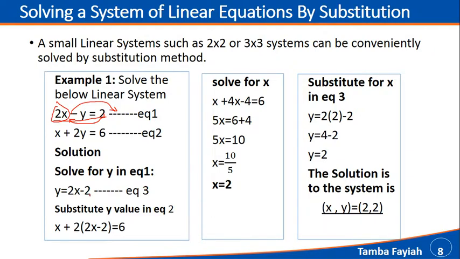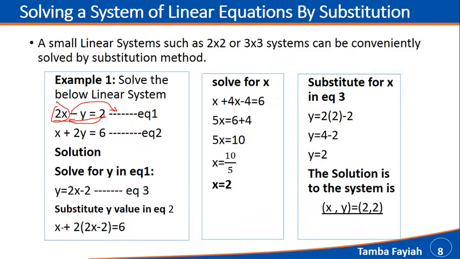Now, if we substitute the value of y in the second equation, equation 2, we have x plus 2 times the value of y, that is 2x minus 2, equals 6.